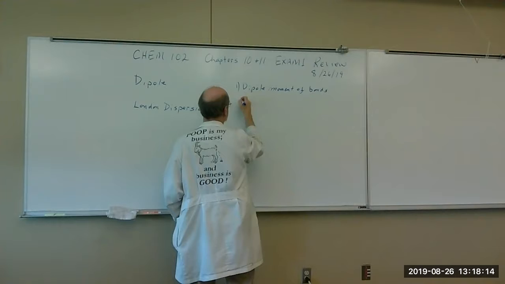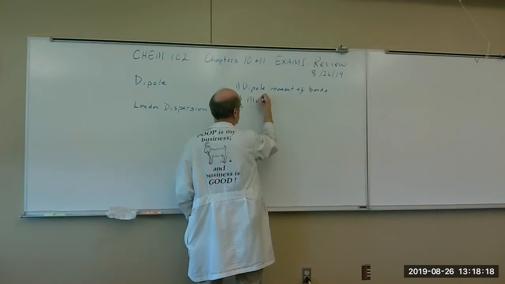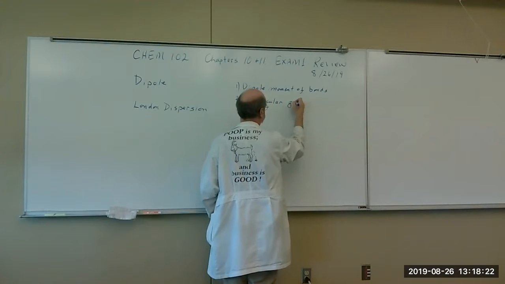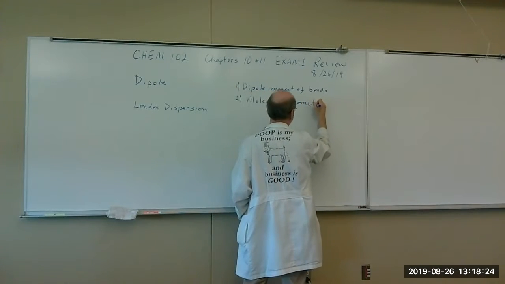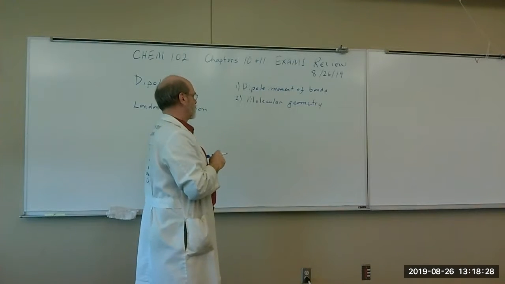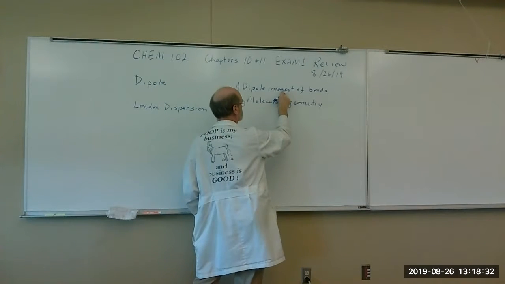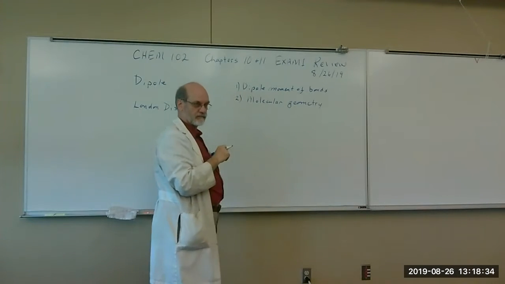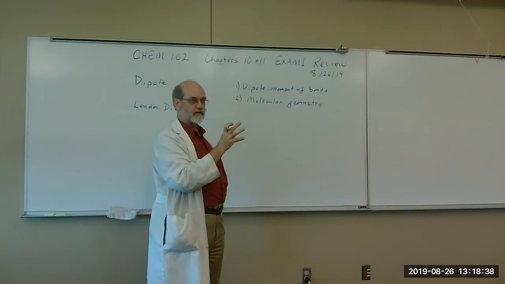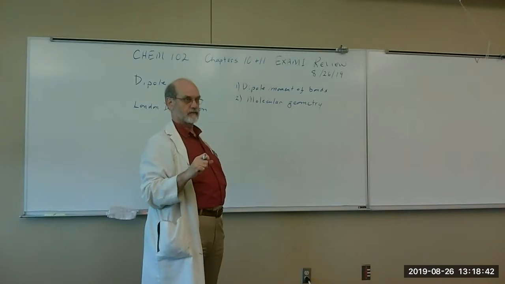And the second factor is molecular geometry. Okay? So what kind of bond would have a significant moment? Where you have differences in electronegativity between two atoms that are bound together.